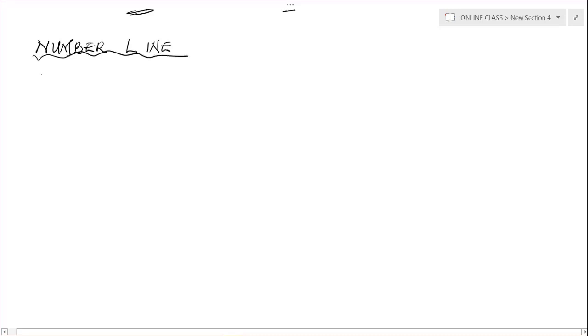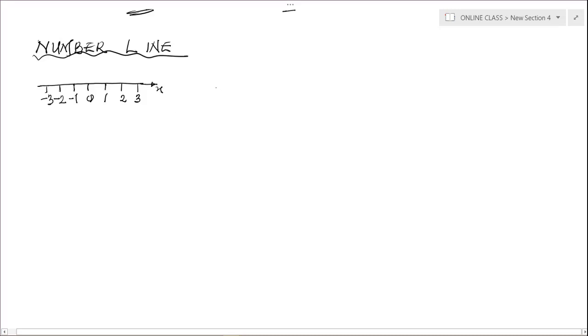Now, let's say we have our line like this. The middle is 0. This place is 1, 2, 3. The arrow, you put your x there. After 0, you say -1, -2, -3, like that.